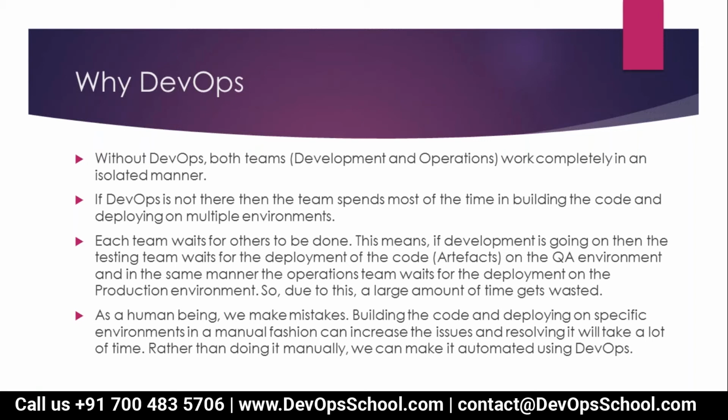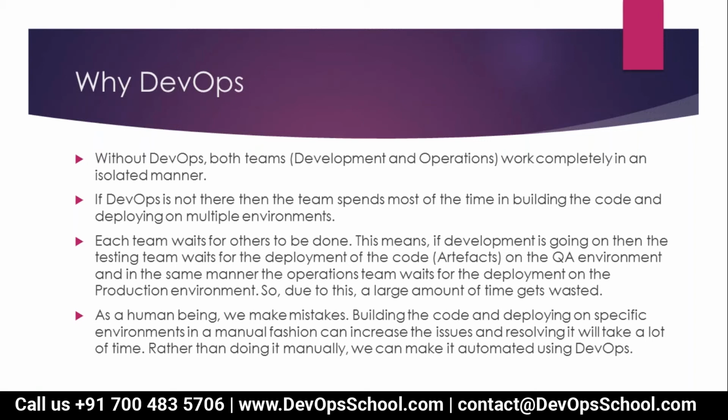Now, as human beings, we make mistakes. Building the code and deploying on specific environments in a manual fashion can increase the issues, and resolving them takes a lot of time.